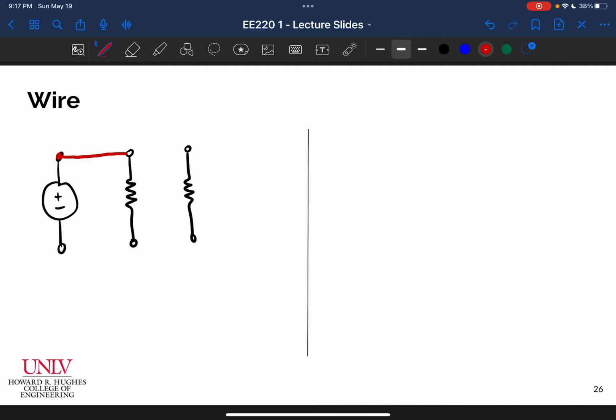So I would draw a wire here, a wire there, a wire here, and a wire here, and then I would have a complete circuit. But it's important to note that when we solve these circuits, we need to assume that this wire itself is infinitely conductive, or basically its resistance is zero.